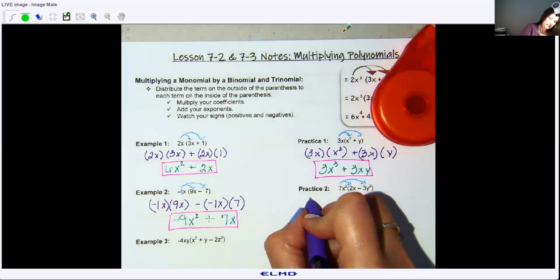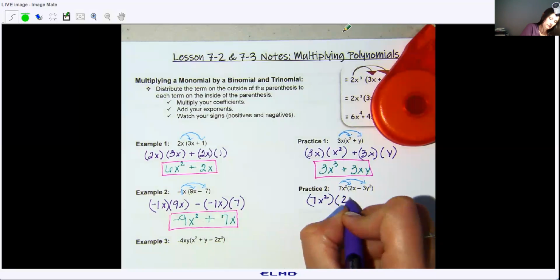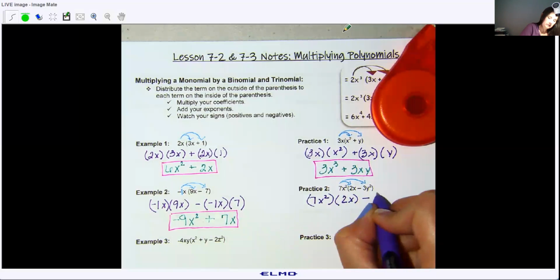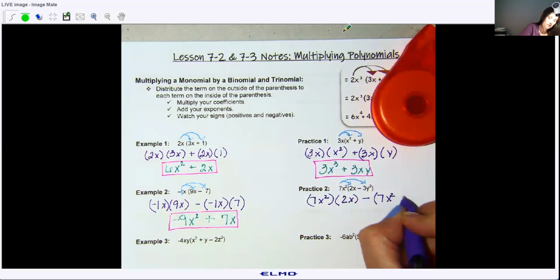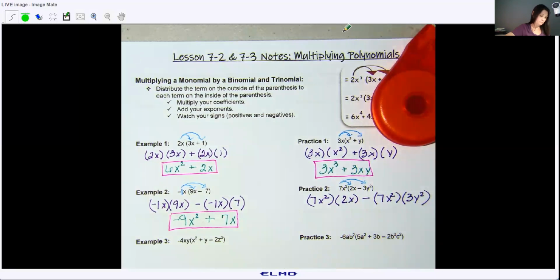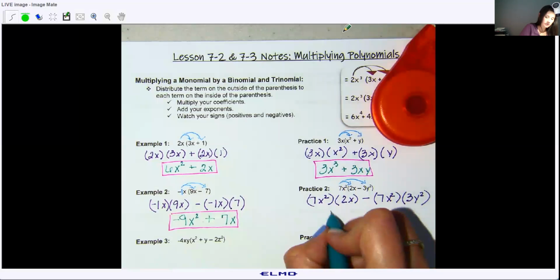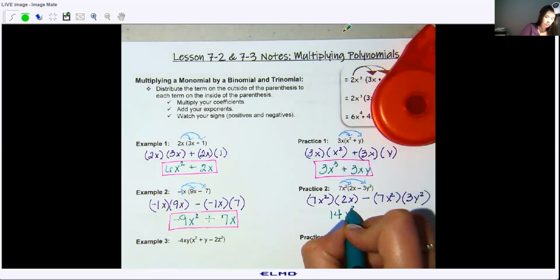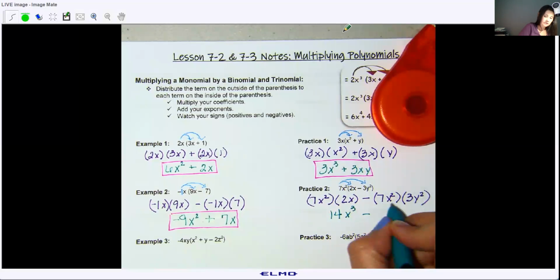So I have 7x squared times 2x, and I'm going to minus 7x squared times 3y squared. 7x squared times 2x is 14x cubed. And then 7x squared times 3y squared is going to give you 21x squared y squared.